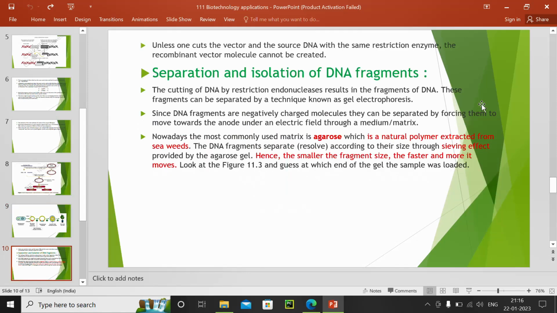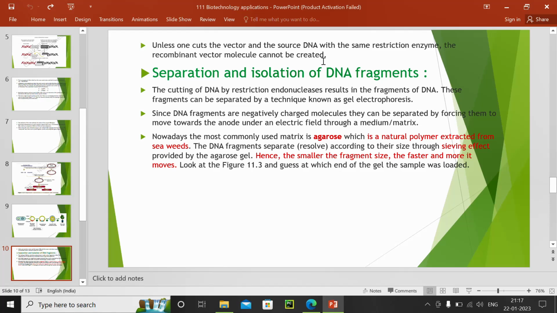Unless one cuts the vector and source DNA with the same restriction enzyme, the recombinant DNA molecule cannot be created. Again, the same point: when we form two sticky ends of the vector and the foreign DNA molecule, the restriction endonuclease should be the same for the vector DNA as well as the foreign DNA.